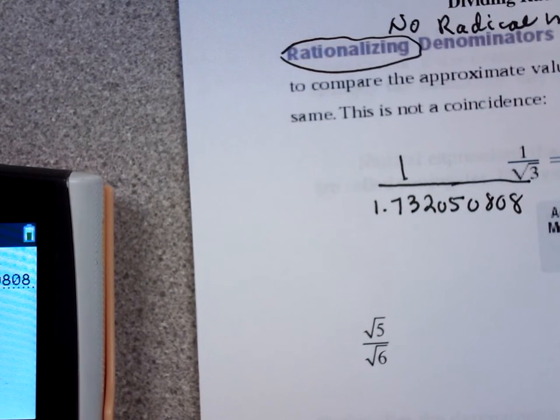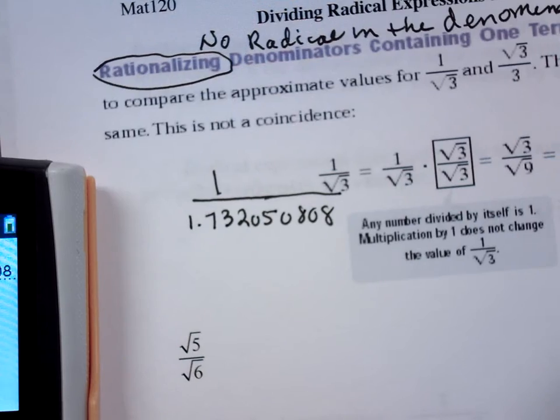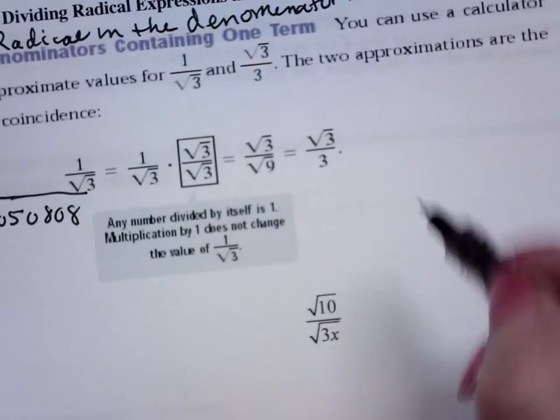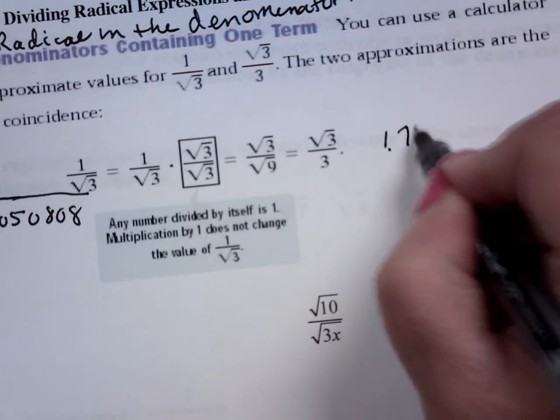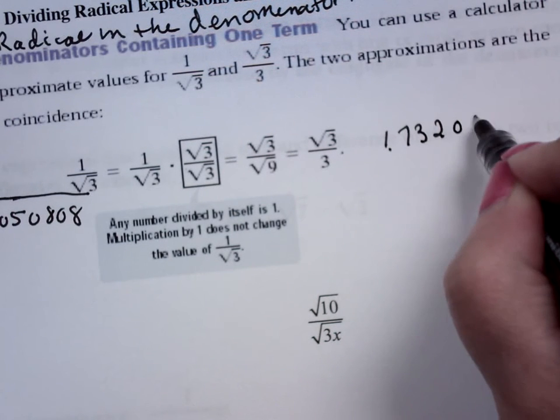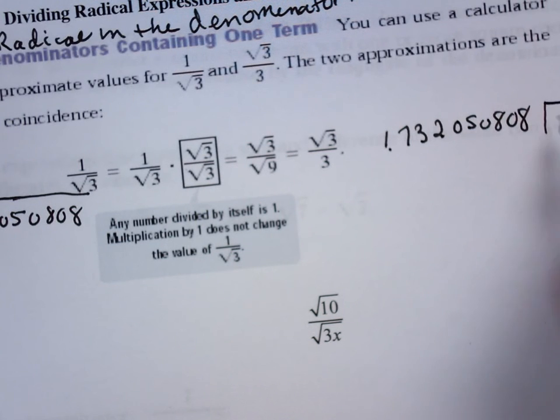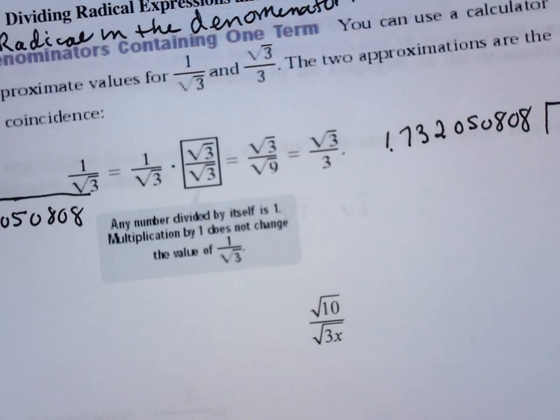That would not be a decimal division you would want to do by hand. Because if you remember what it would be, I need to move this over, 1.732050808 divided into 1. That's what it says to do.